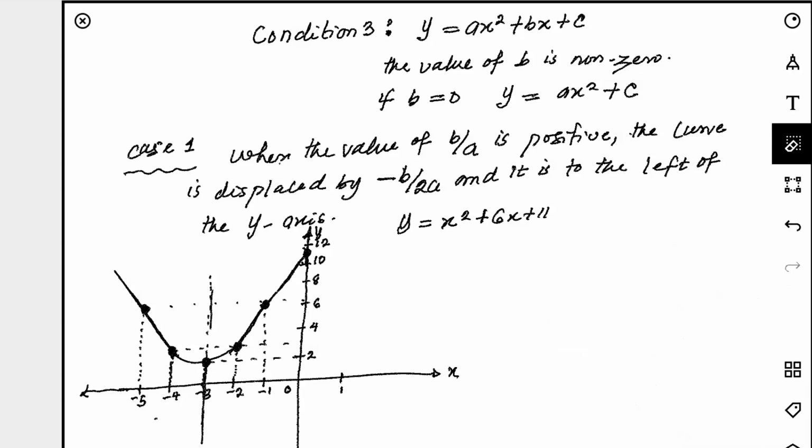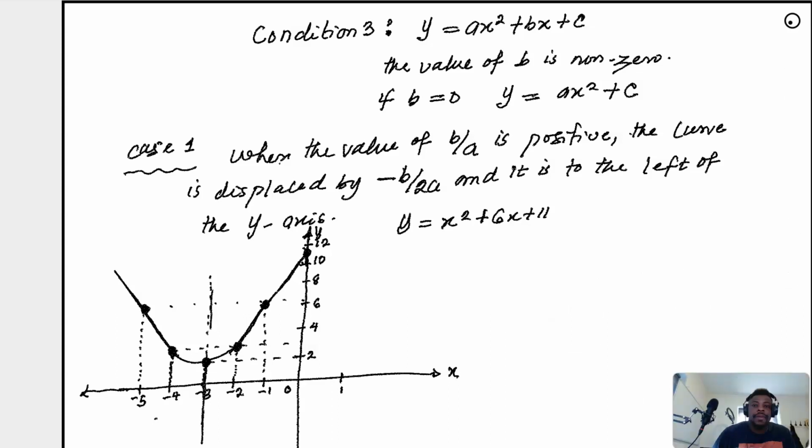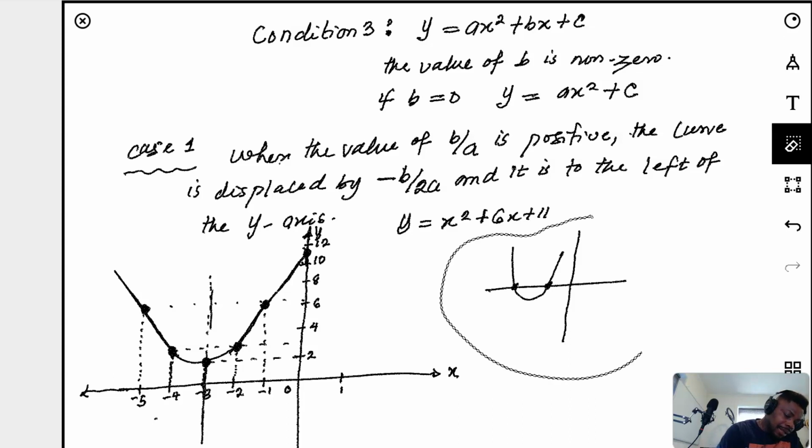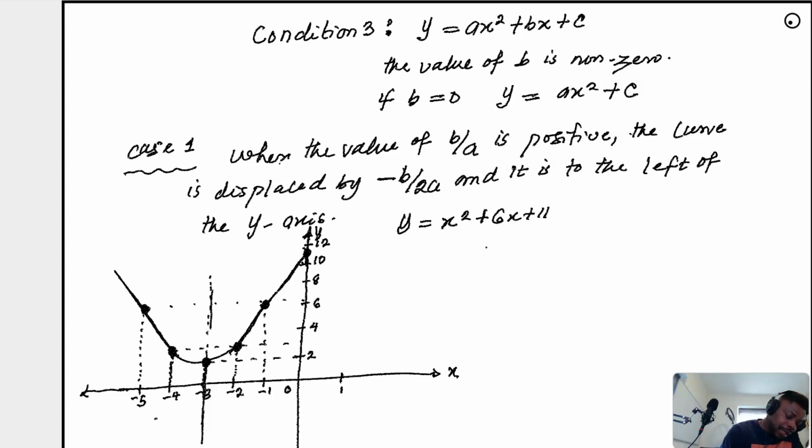Now, you can see from our curve that it's not cutting the x-axis. If I have, for an example, something like this, you can see our curve is cutting the x-axis. And that point is what you call the root of the equation. So, what determines that nature is what we call discriminants. I have done this in my previous video. Discriminant D is given as b squared minus 4ac.